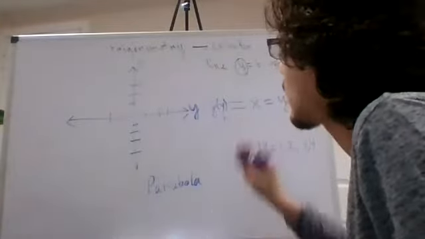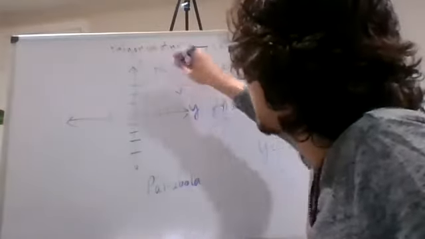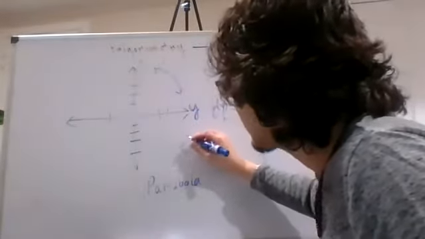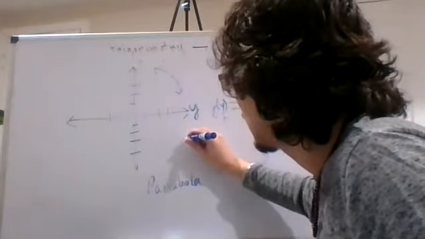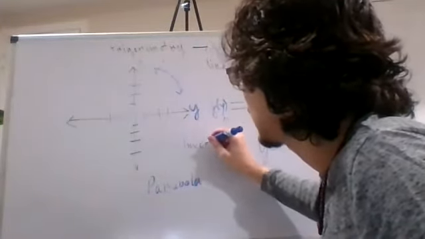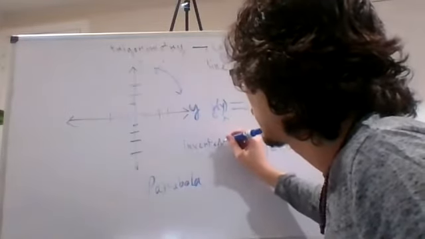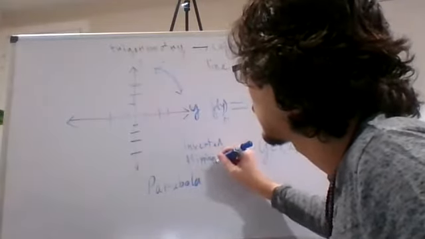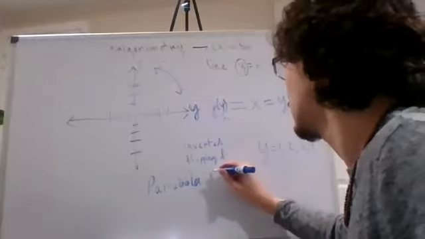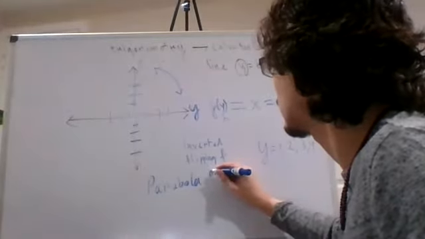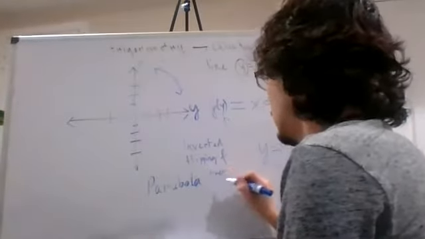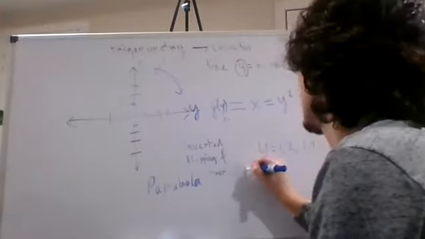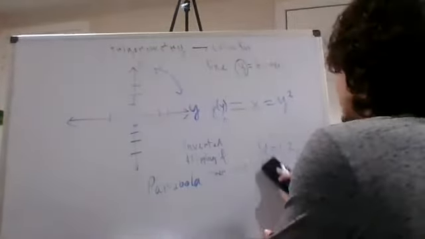This is called taking the inverse of the function. So we literally switched the x and the y by inverting it, by flipping our function over the line y equals x. That's what we said we did.